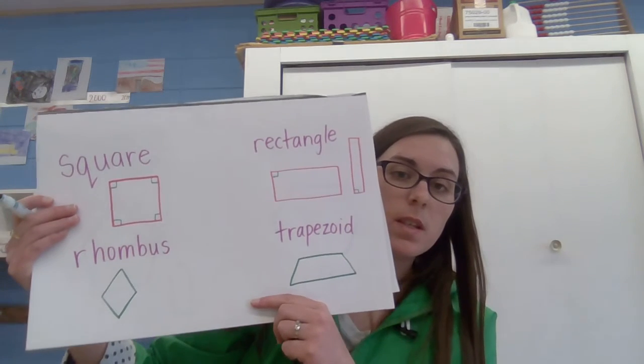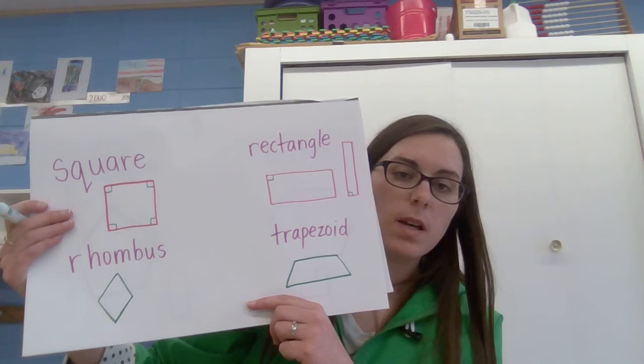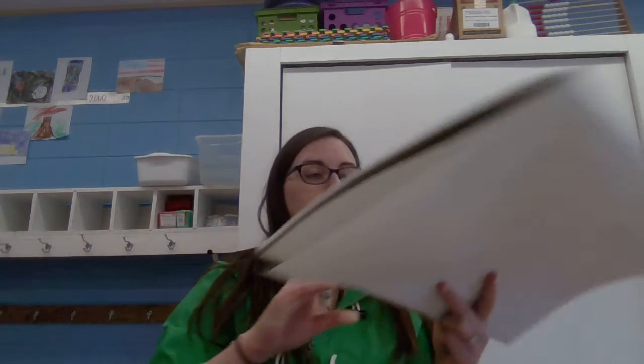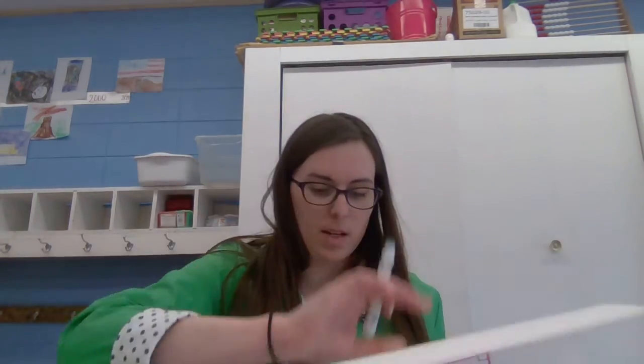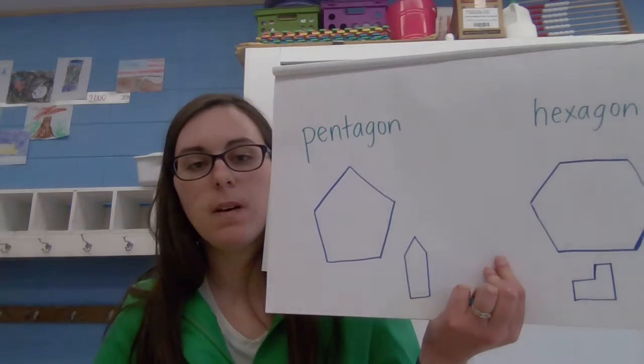So all of these examples on this page have 4 sides and 4 vertexes or vertices, if that's how you like to say it. And then also on your paper, you will see the pentagon, which has 5 sides.